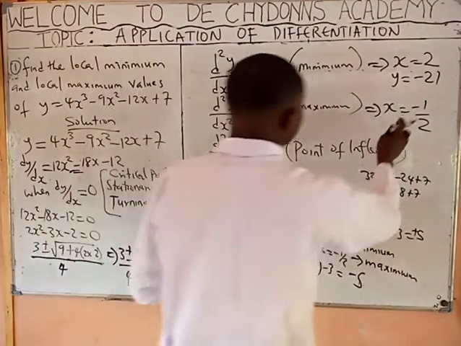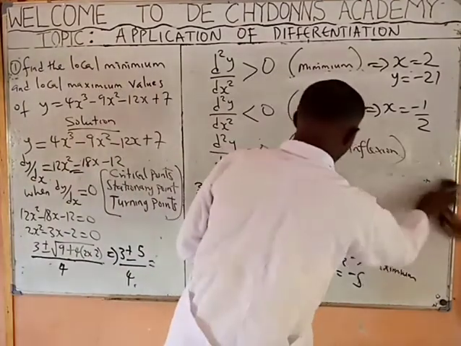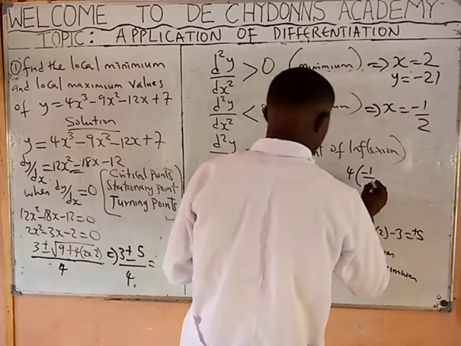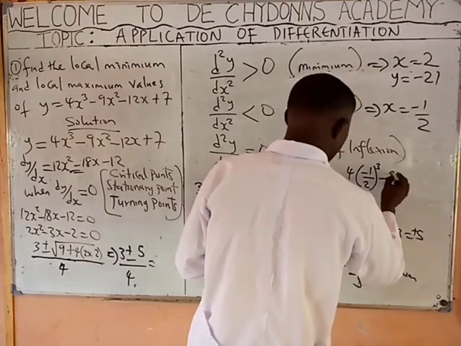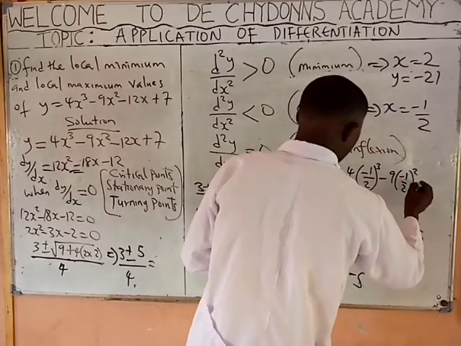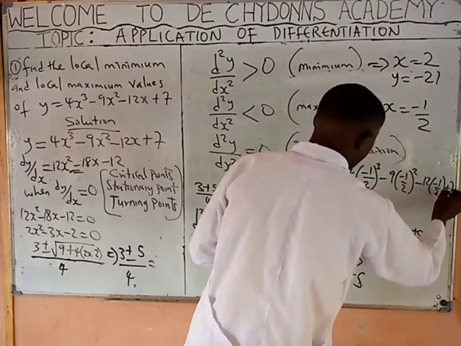Then when x is minus 1 over 2, when you put it here, you will have 4 bracket minus 1 over 2 all raised to the power of 3, minus 9 bracket minus 1 over 2 all squared, minus 12 bracket minus 1 over 2 plus 7.